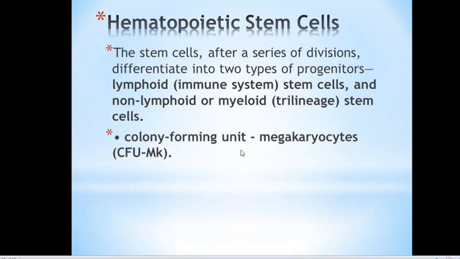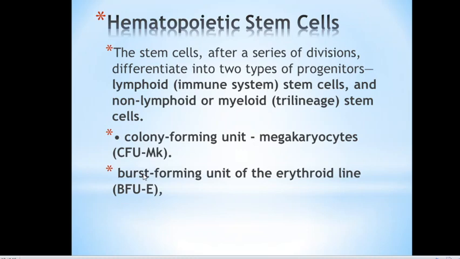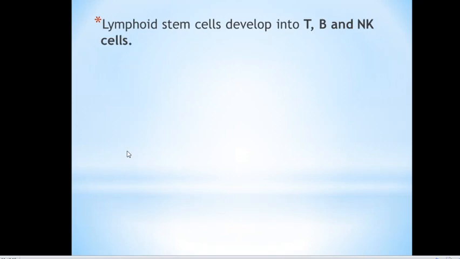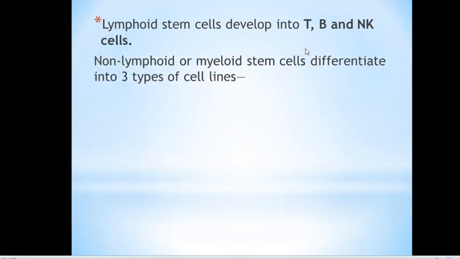So for megakaryocytes, we have the colony-forming unit megakaryocytes, or CFU-MK, burst forming unit of the erythroid line as BFU-E, and colony forming unit granulocytes and macrophages as CFU-GM. And lymphoid stem cells further develop into T, B, and NK cells. NK means natural killer cells.